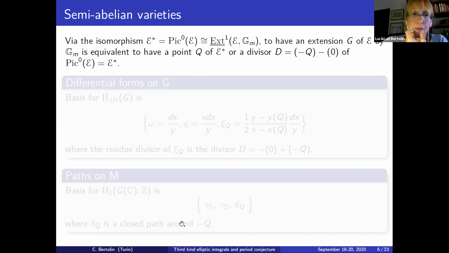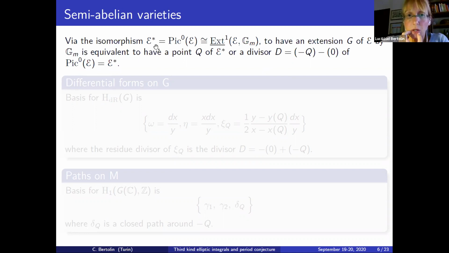And via the isomorphism between the dual elliptic curve and Ext^1(E, G_m), any extension of E by G_m is parameterized by a point of E dual or by a divisor of Pic^0 of E.